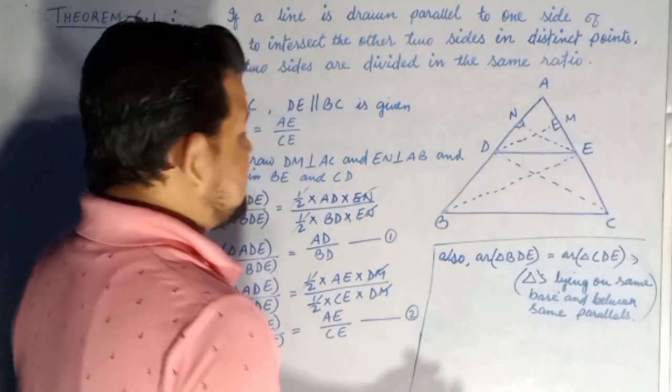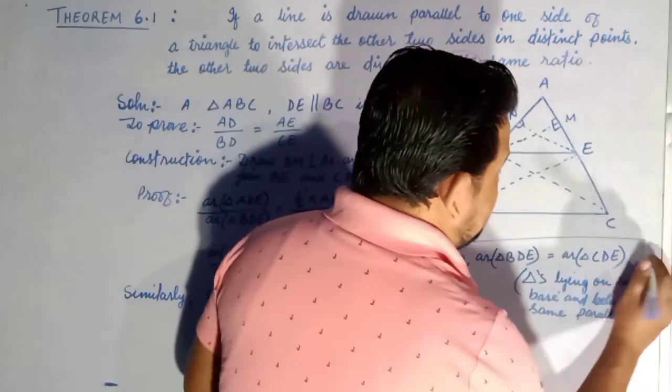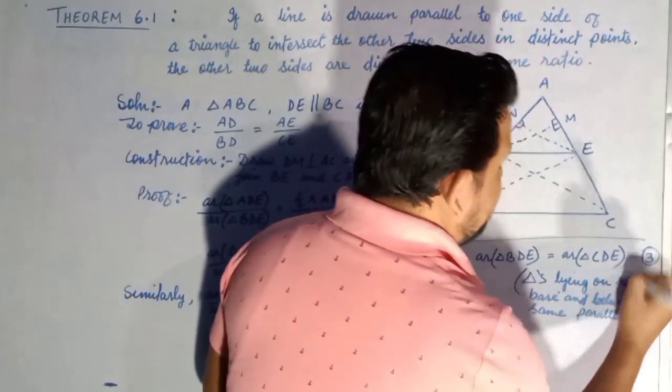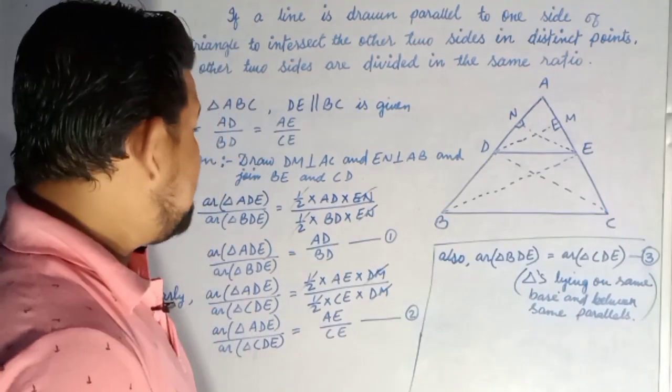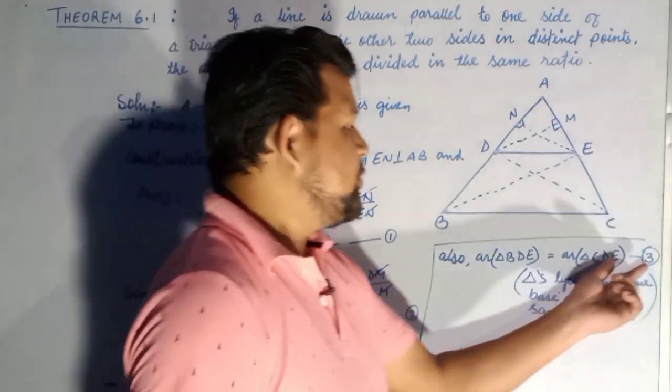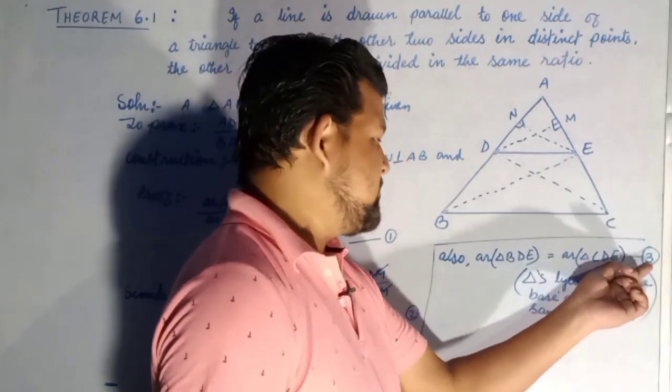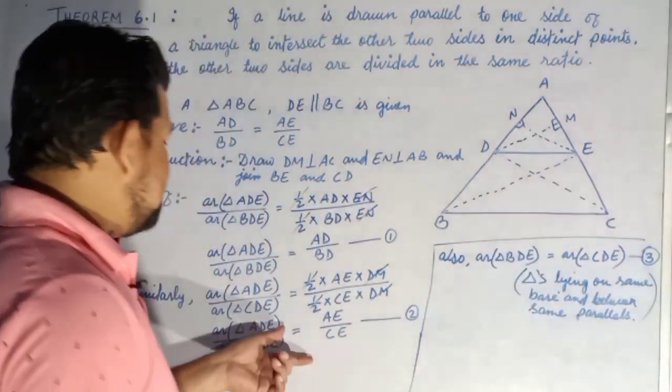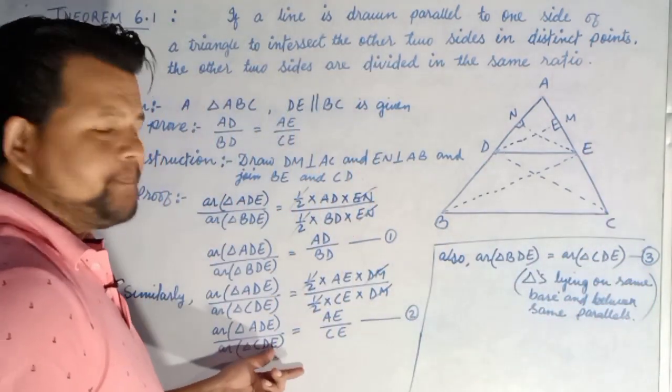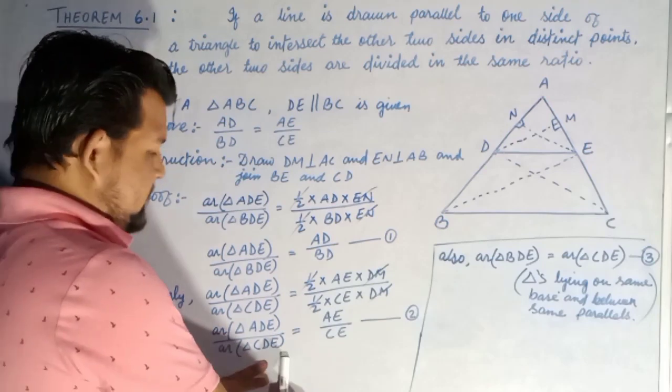Okay, so now let us see again. Suppose this is equation number 3. Now we are going to put the value of equation number 3 in equation number 2 or 1, either one. Let me put it in equation number 2.